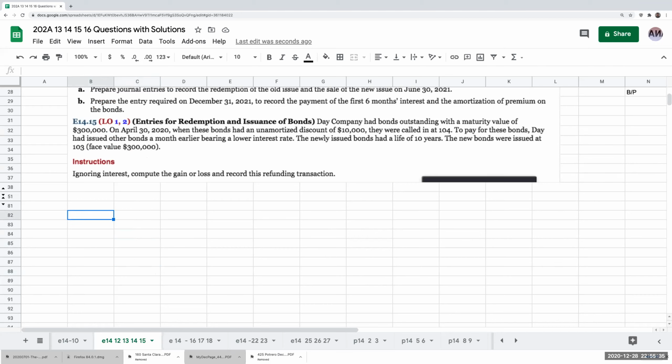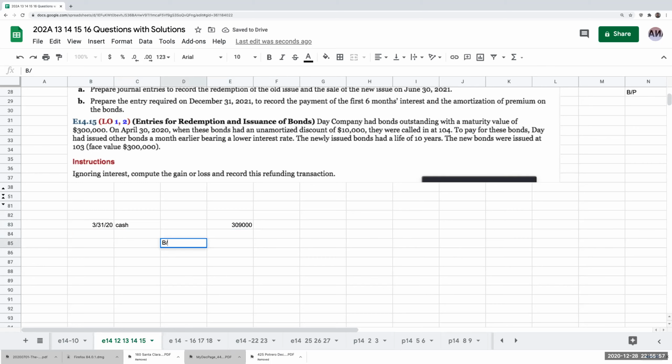So the first one is going to be on 3/31/20, I received cash of 300,000 times 1.03 or 309,000.